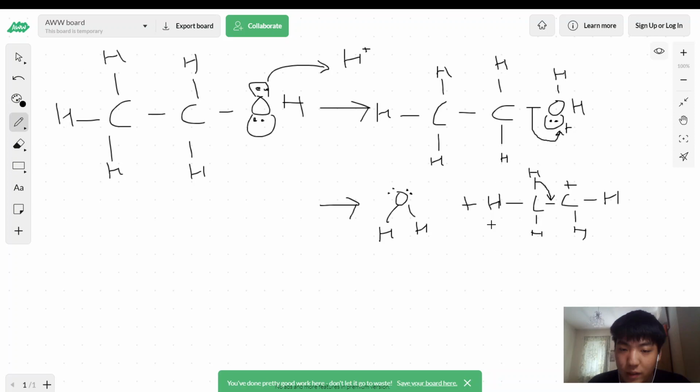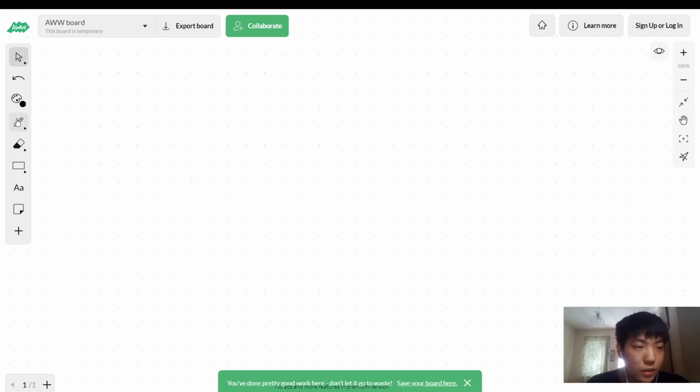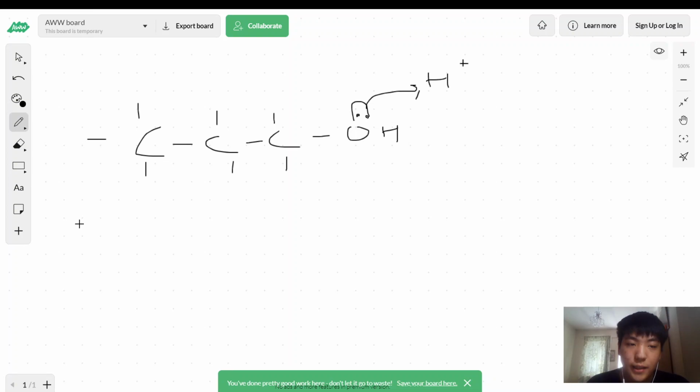Now if we do a harder example, for example propanol, we'll do the first step. So the lone pair gets attracted to the H plus, which in turn creates a bond between the hydrogen ion and the oxygen, plus a positive charge.